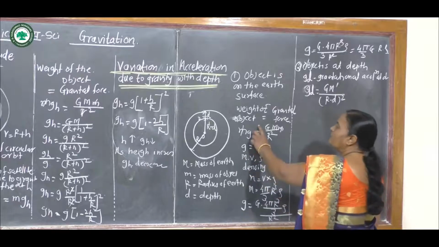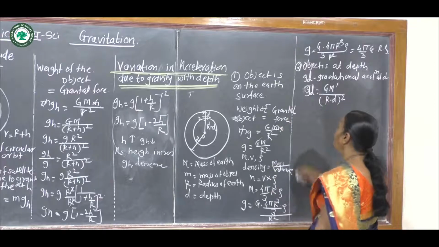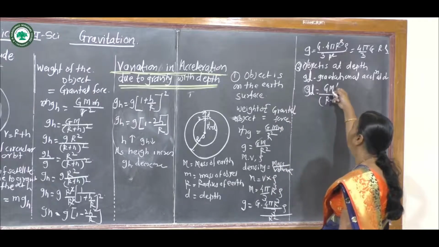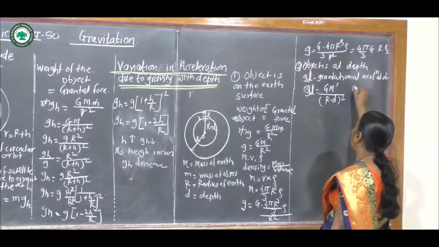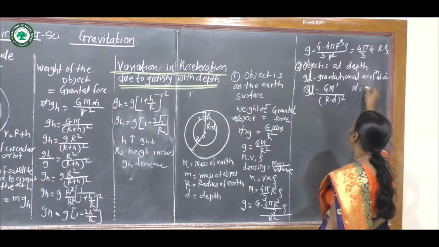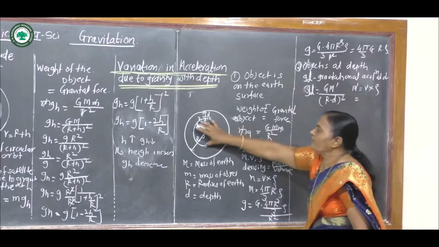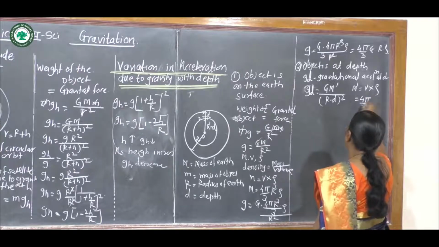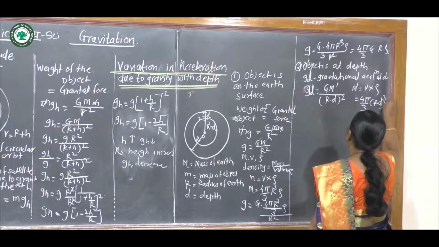We apply the principle that weight of the object is balanced by gravitational force, and we get the relation g_d is equal to G M dash divided by R minus d bracket square. Now here M dash can be written as volume multiplied by density. Volume of this sphere is equal to 4 pi by 3 into the radius R minus d bracket cube, multiplied by rho.